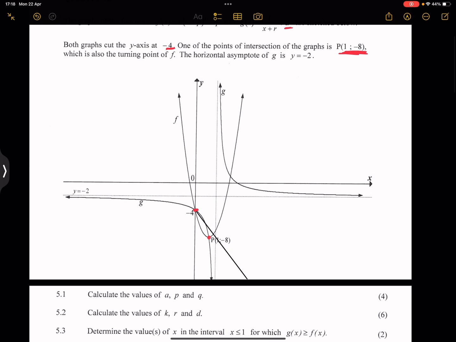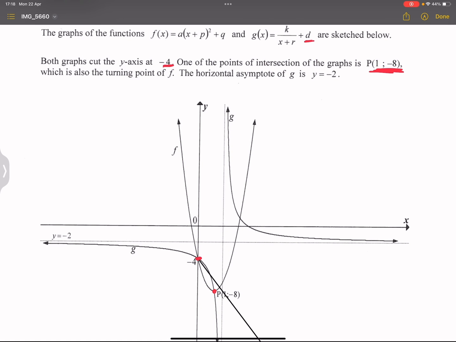Now remember, where is g of x greater than f of x? Remember, g of x is the hyperbola, right? So we want essentially where the hyperbola is above the graph of f, the parabola. So where is that?